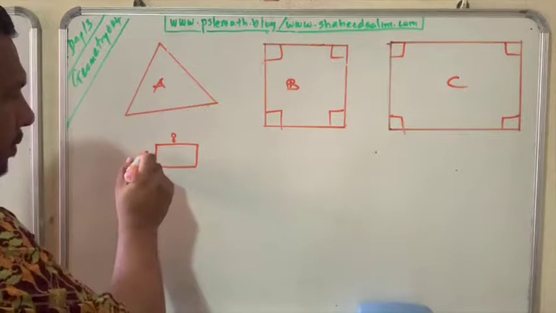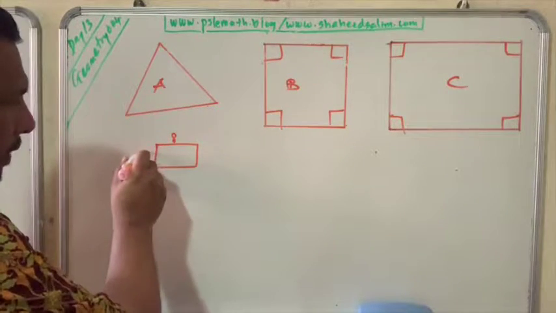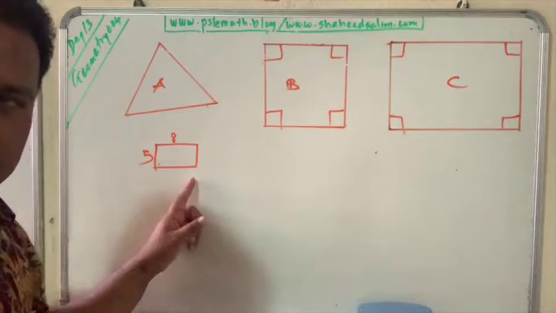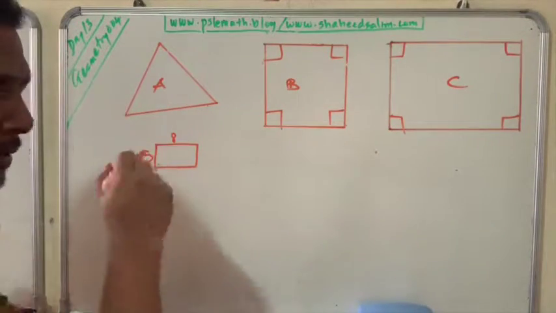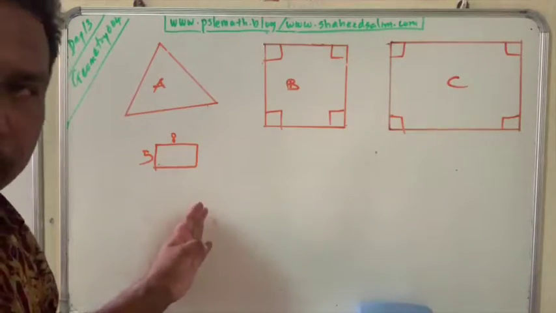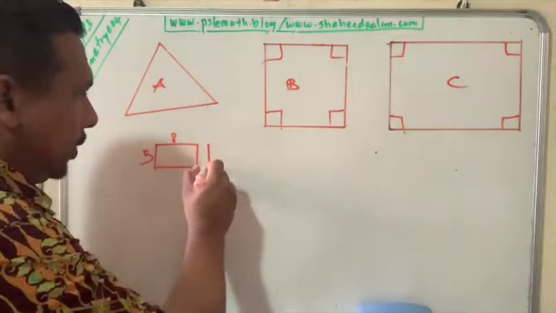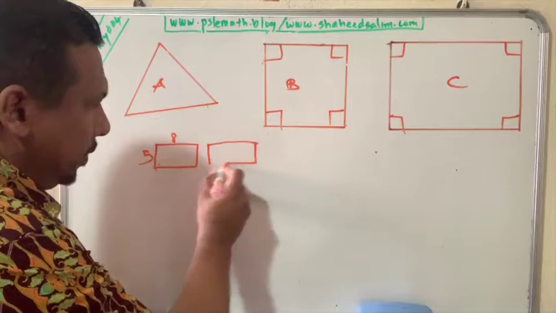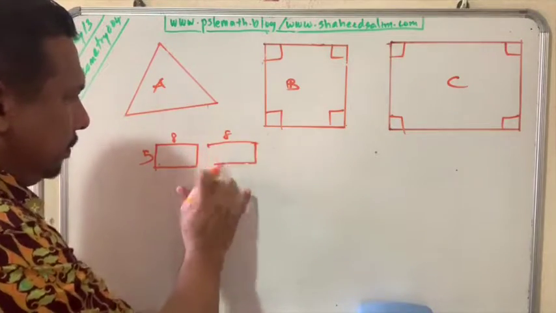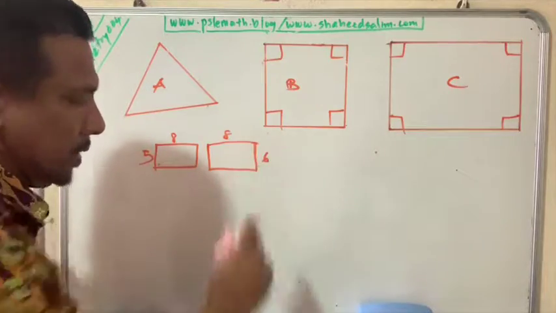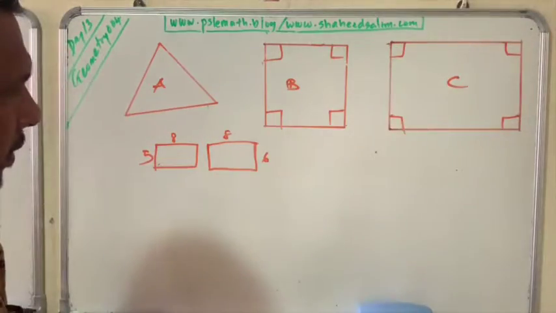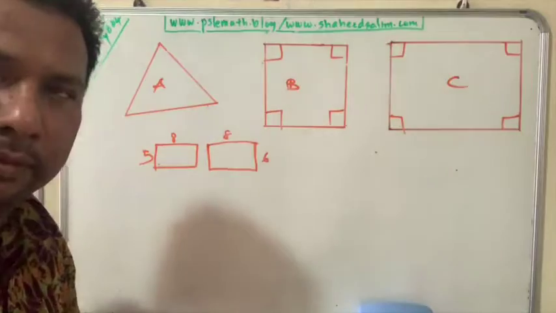It's 8 cm by 5 cm. Is this a rectangle? Let's assume they are all straight lines at 90 degrees. It is a rectangle. Good. 8 cm by 6 cm. Is this a rectangle?